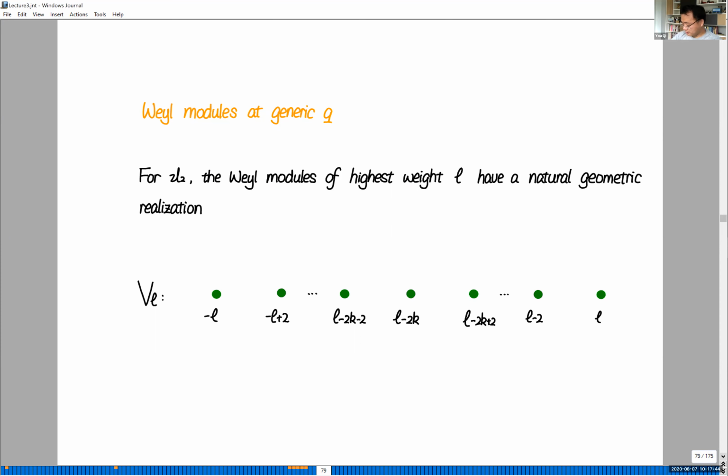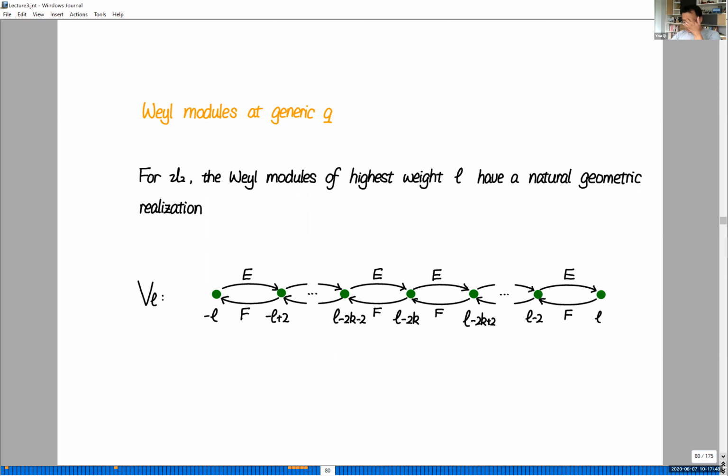This has the same structure with a basis, but E and F either raise or lower the weights by 2. And the idempotent algebra acts on this U_q(SO2) module: the idempotent for lambda projects onto the corresponding lambda weight space, or otherwise acts as 0 if the weights don't agree. And E and F just raise and lower these degrees.